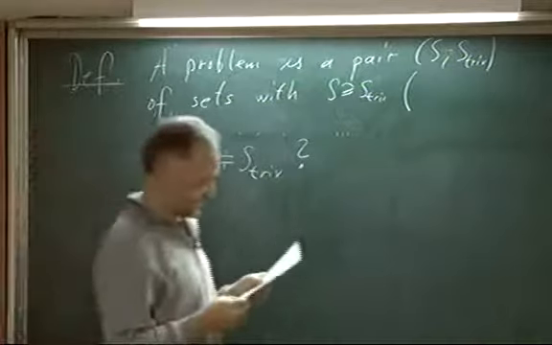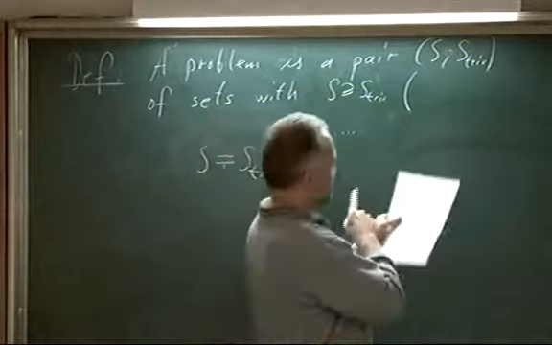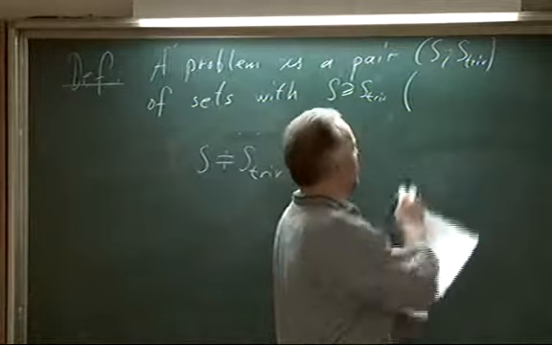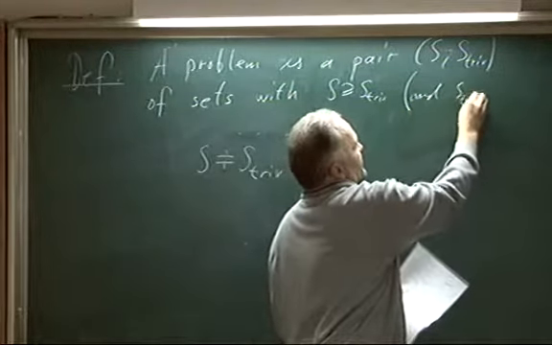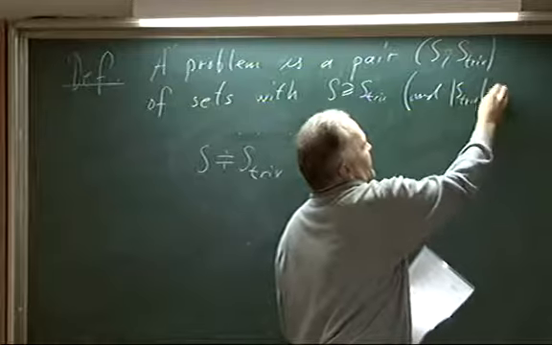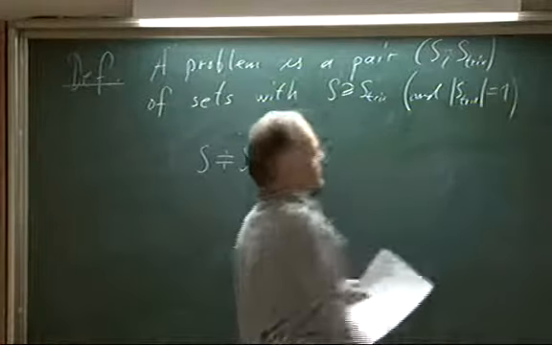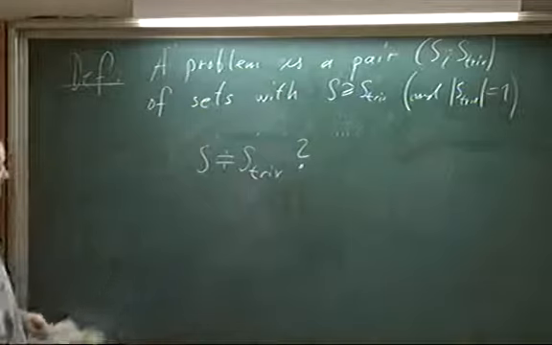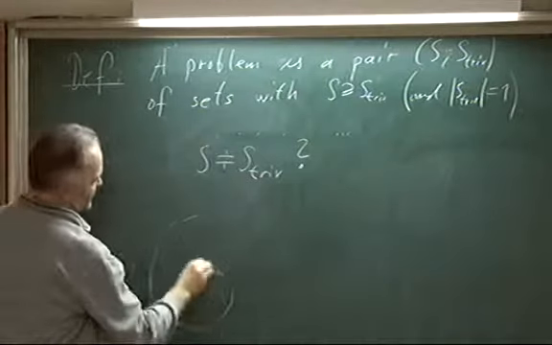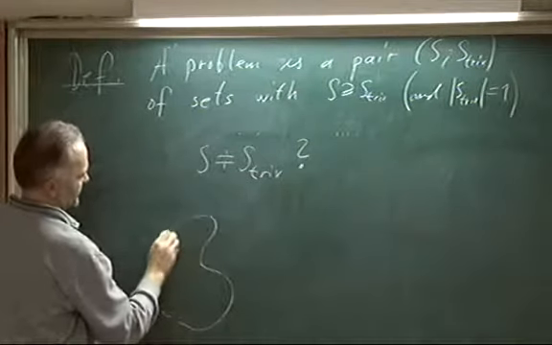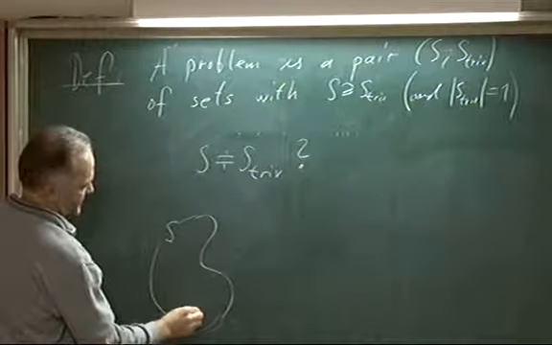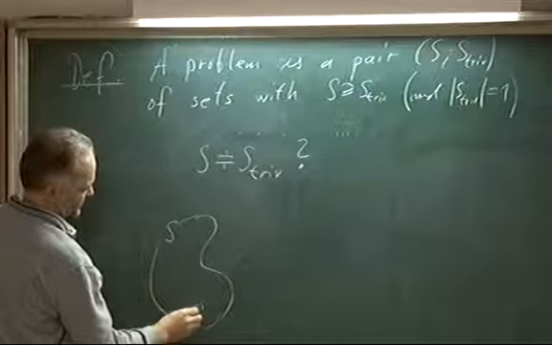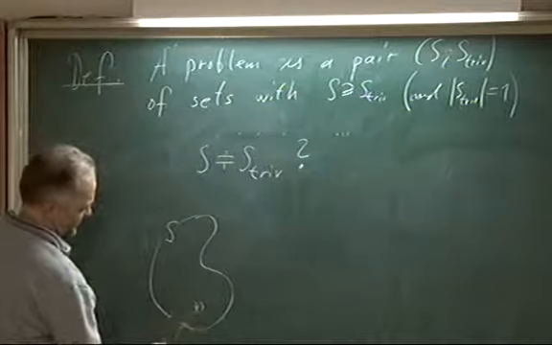Okay? And to make it easier here in the talk, I assume that S trivial has exactly one element. Then we have here the set S, and we have a subset that's S trivial. So in this case it's just 1 point.